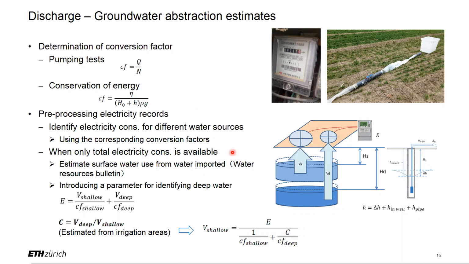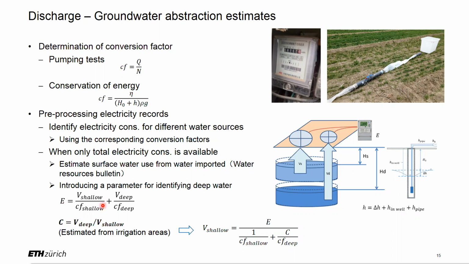But usually in history, only the total pumping electricity is available. What we do to solve this problem is estimate surface water use from water imported. This data is given by the Water Resources Bulletins. And we convert this amount of surface water use to electricity and deduct it from the total pumping electricity. Now what we have is the total electricity for pumping shallow water and deep water.